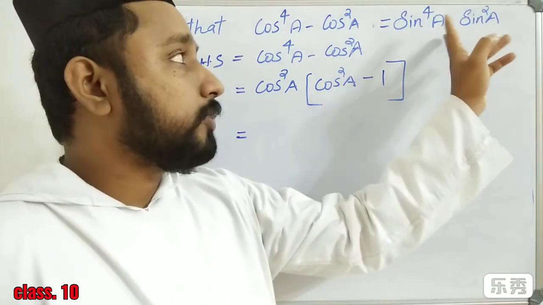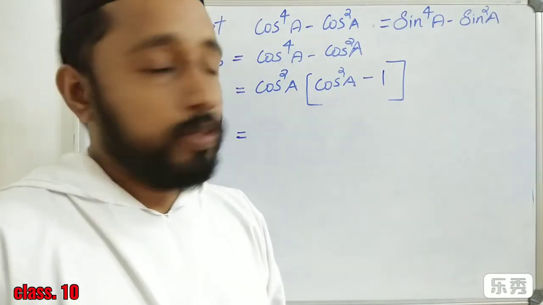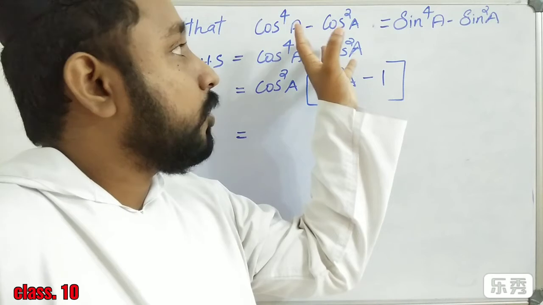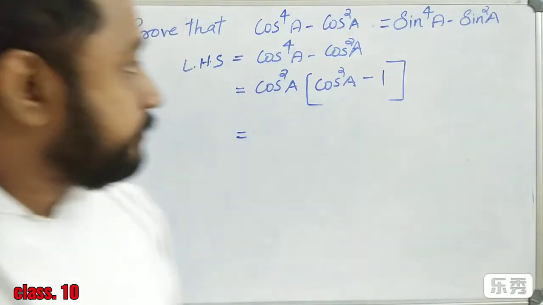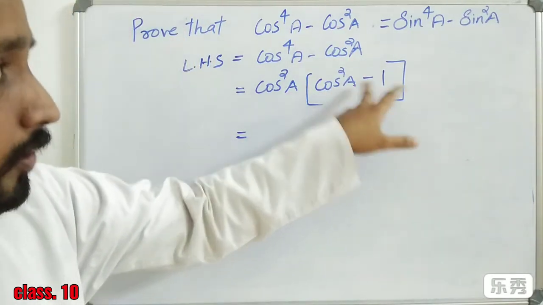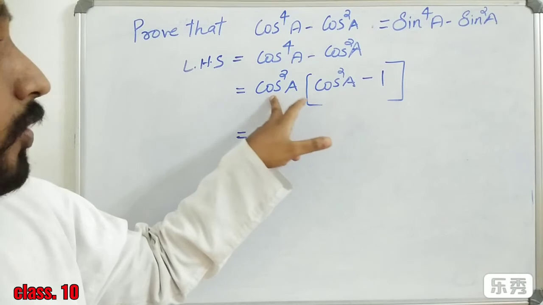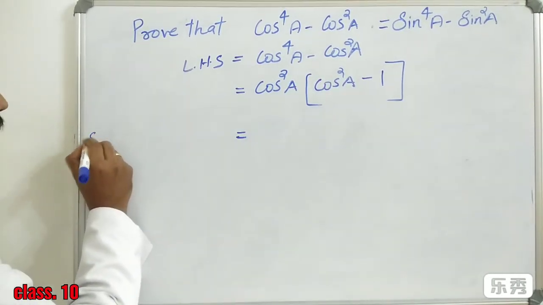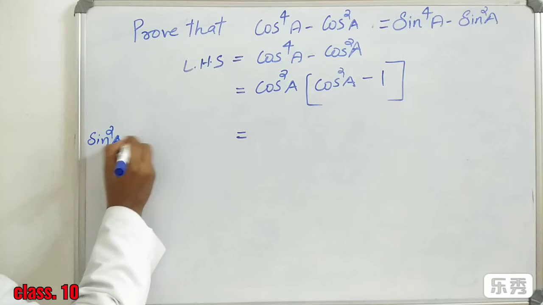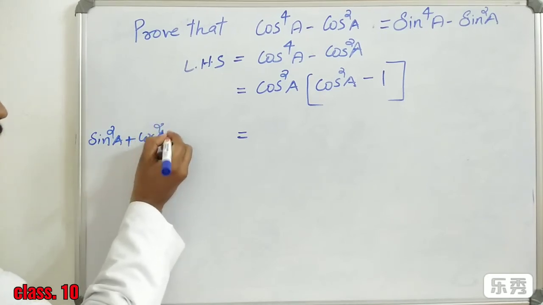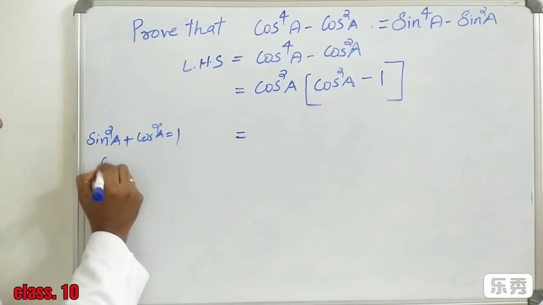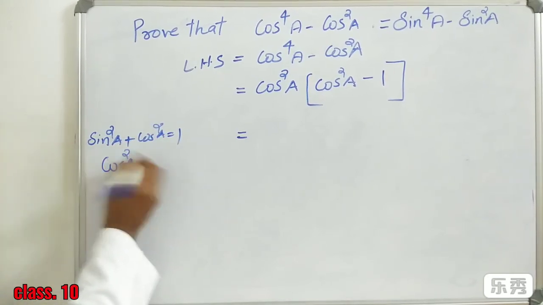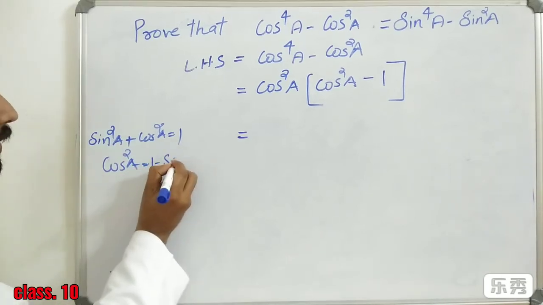Look at the RHS. Here sin raised to 4a minus sin square a. So we have to change this cos into sin. So here cos square a, here cos square a. We can change this cos square a into sin square a. We have the identity sin square a plus cos square a, which is equal to 1, or cos square a is equal to 1 minus sin square.